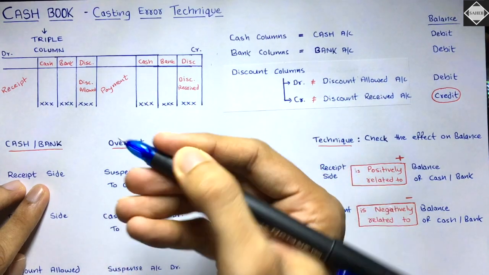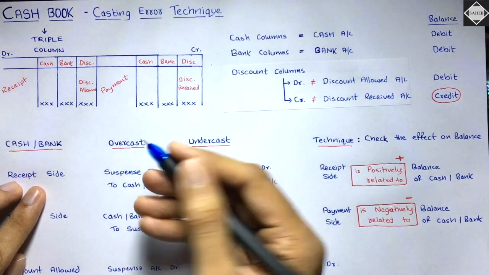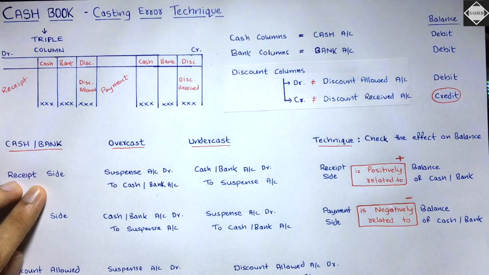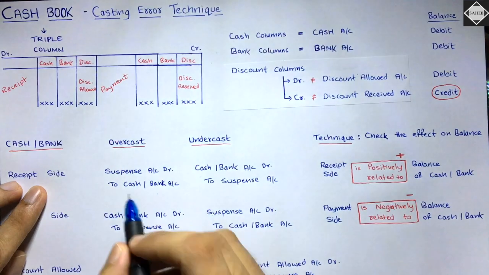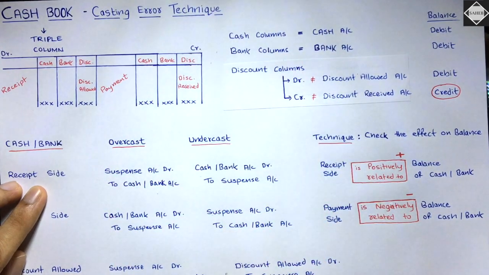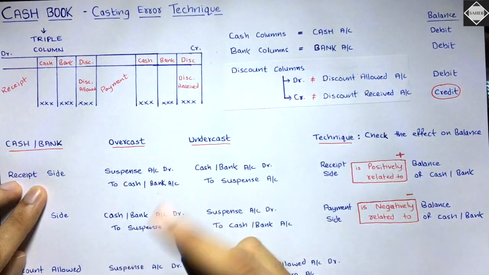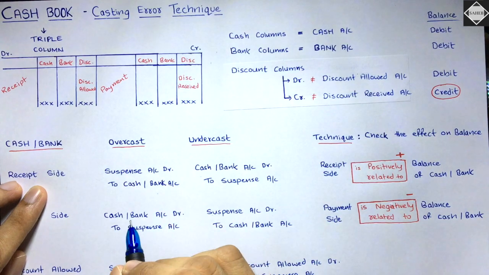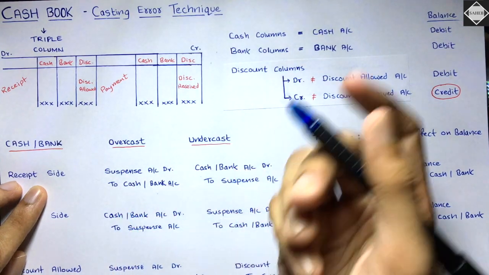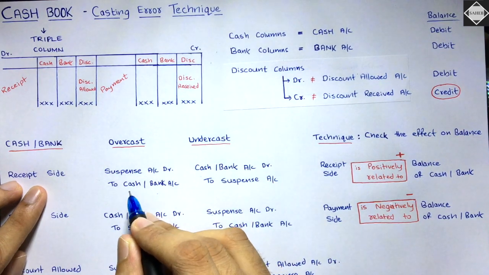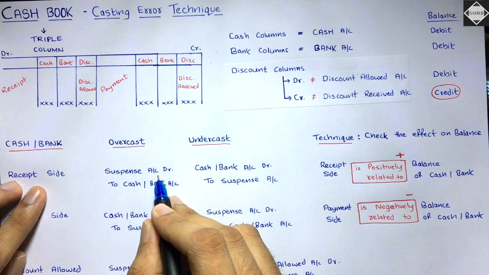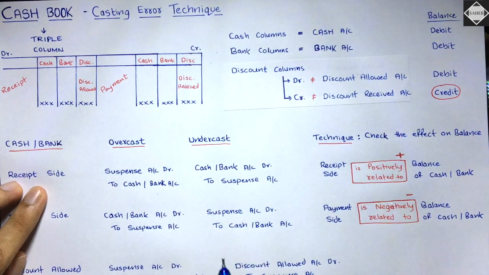You have recorded more than what it actually is. So simple common sense, you will decrease the cash account by 200. Cash account has a debit balance. To decrease it, I will do the opposite: credit cash, and I will complete the other side with the suspense account. You all know this logic, simple logic.